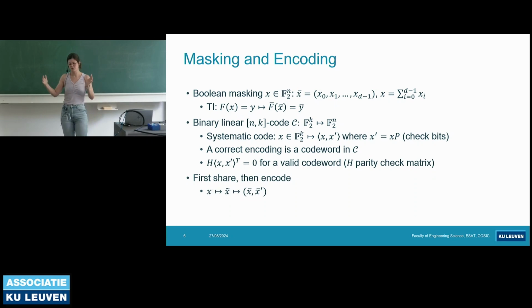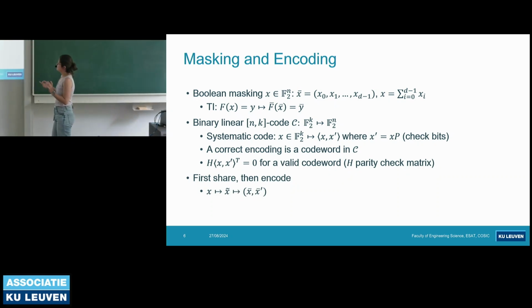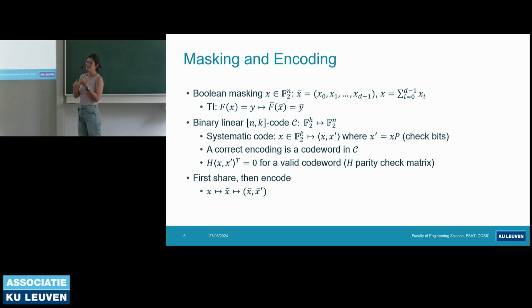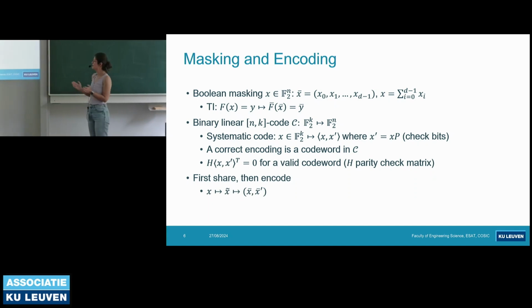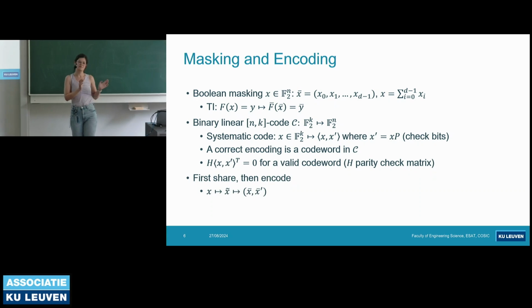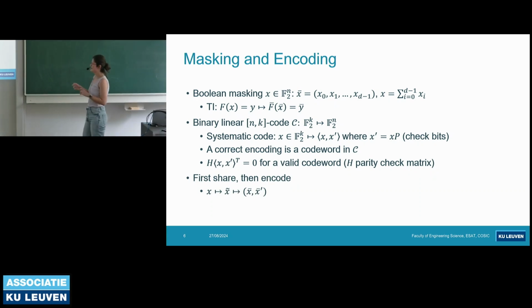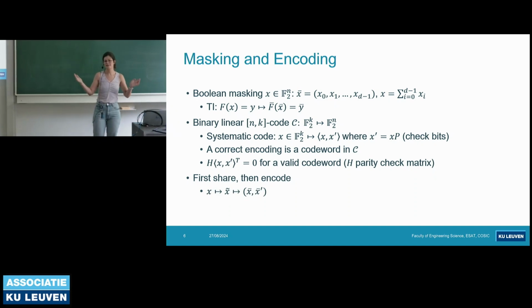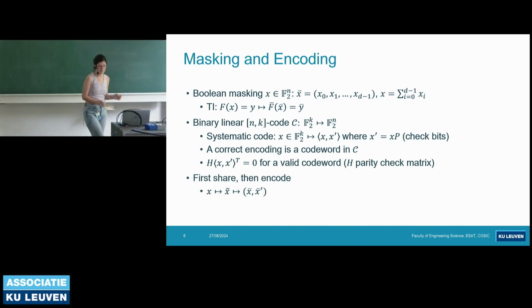So if a code word is incorrect, it means it doesn't exist in the linear code we are using. Another notation we make use of is H, which is the parity check matrix. If we multiply H with a code word, it should give 0 if the code word is a valid encoding. In this work, we specifically first share the input, and then we encode it. For example, if we use duplication, then we duplicate all the shares of the secret input.